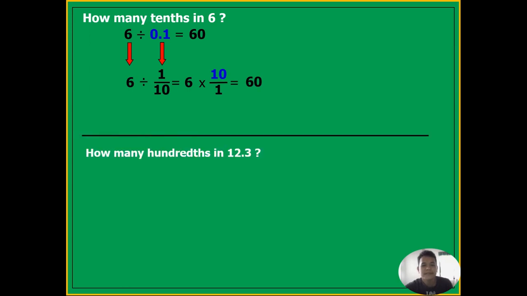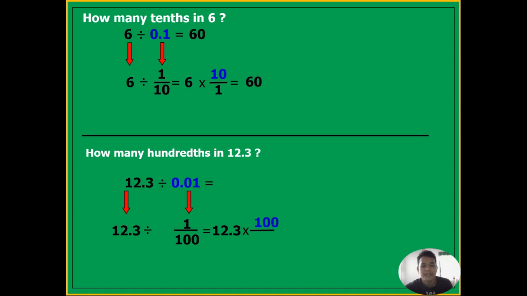Next one. How many hundredths in 12 and 3/10? That means 12 and 3/10 divided by 1/100. Express that one in fraction form, that is 1 over 100, or simply read it as 100th, and then proceed to division of fractions.